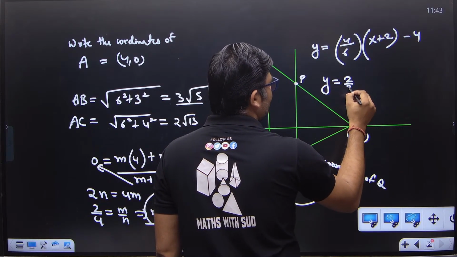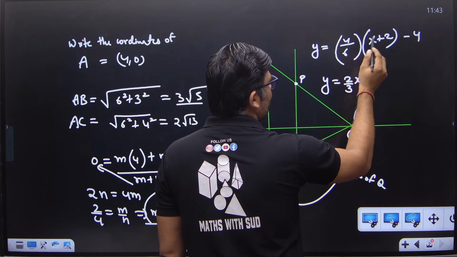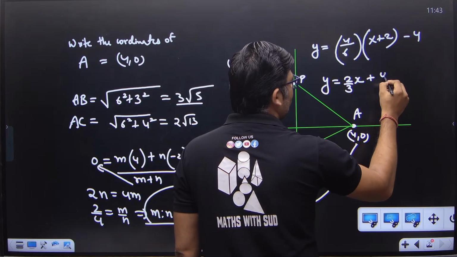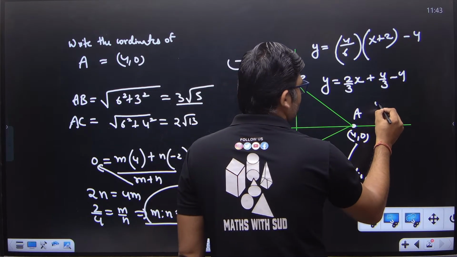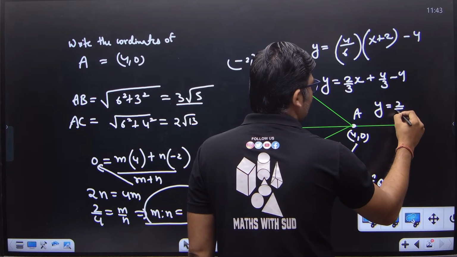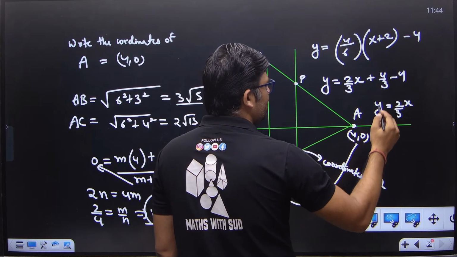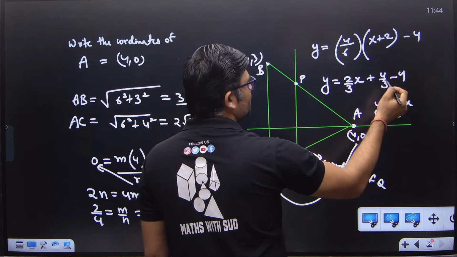So your equation will be y is equal to 2 by 3 times x plus, 4 will be multiplied by 2, so it will become 8 by 6. So 2 by 3 into 2 will become 4 by 3, minus 4. So the equation will reduce to y is equal to 2 by 3 x minus 4 plus 4 by 3. So minus 12 plus 4 is minus 8 by 3.